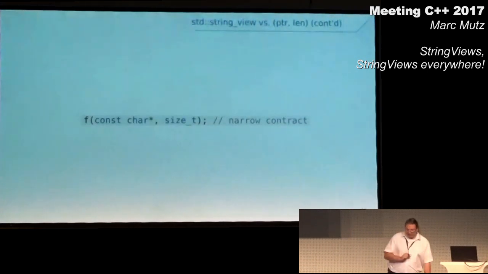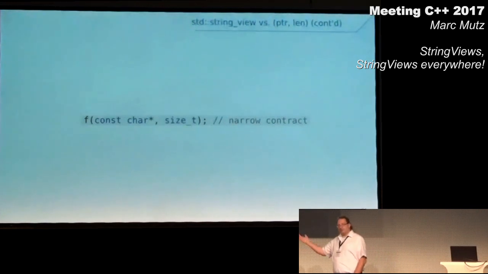So, now we take this narrow contract function. Everyone understands why this is a narrow contract function? What is a narrow contract function? It's a function that has a precondition. Name one precondition, please. Valid pointer. Valid pointer, what does that mean?